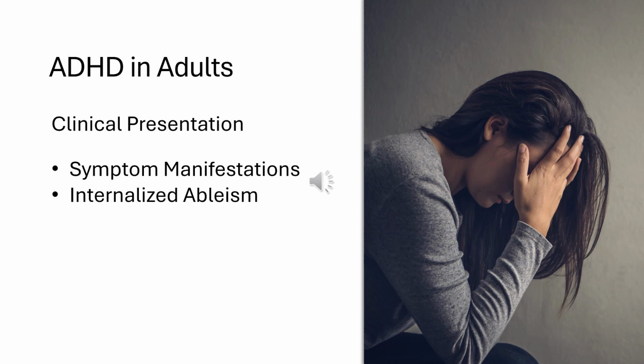They may erroneously attribute these negative feelings to their character rather than having a mental disorder. Studies show that late diagnosed adults experience significant impairment in their executive functions, which adults must heavily rely on in their daily lives.